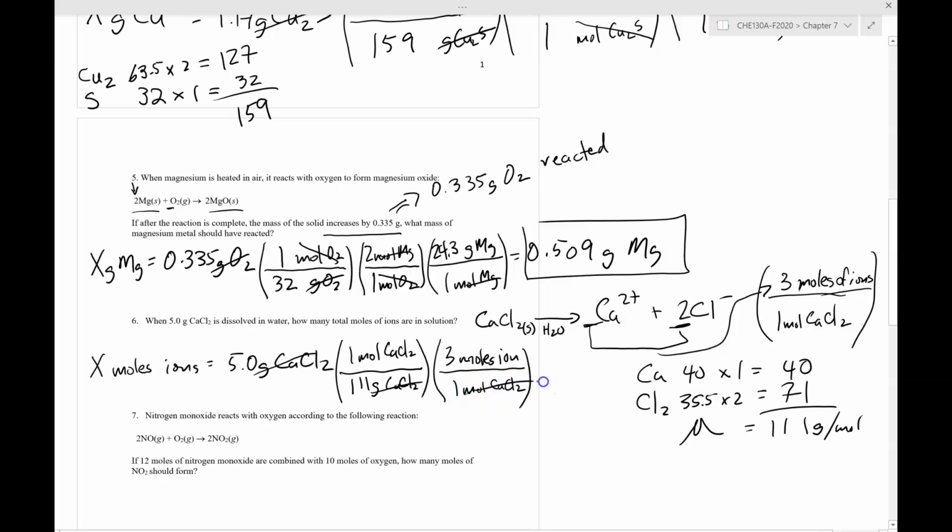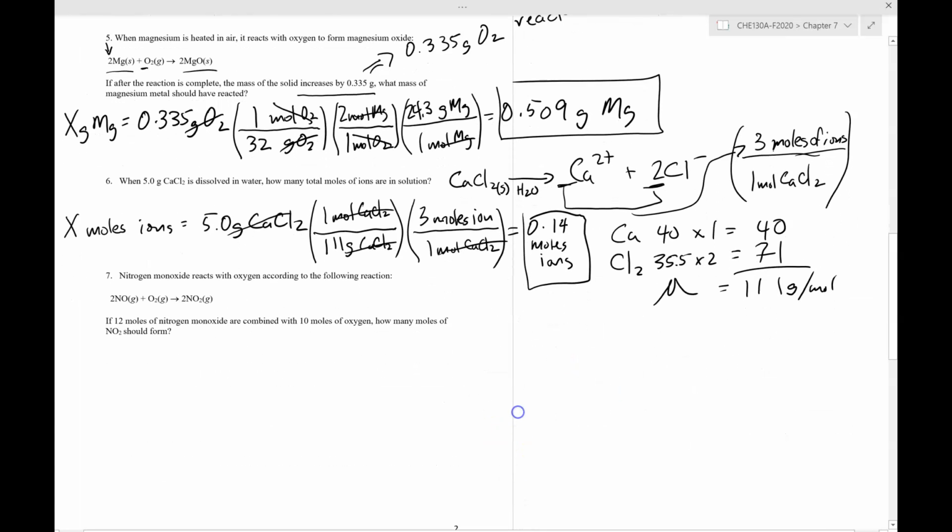That lets us cancel out moles of calcium chloride. So we're going to have 5 divided by 111, and then multiply that by 3, and when I do that, I get 0.135. I should only claim 2 significant figures here since it's 5.0. So 0.14 moles of ions is my final answer for that.